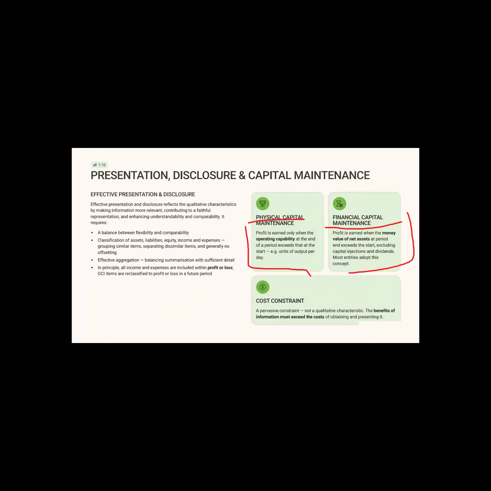Cost constraint indicates that, let's say, to produce a product you have a higher cost. If the cost is higher than your revenue, it's not a good sign, right? So you should know how to manage your costings, how to manage the cost and how to increase the revenue. That is what the cost constraint is.